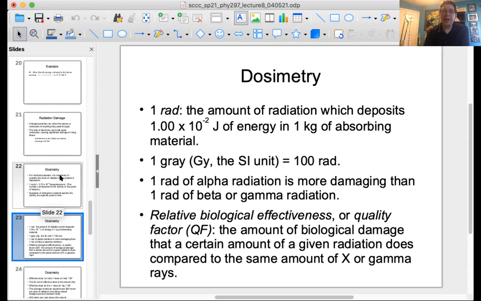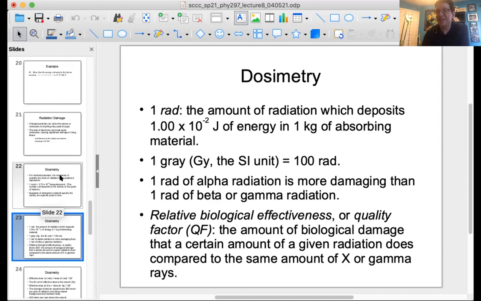1 rad of alpha radiation is more damaging than 1 rad of beta or gamma radiation. And the reason being is that for the same kinetic energy, the kinetic energy is equal to p squared over 2m. And so the momentum is equal to the square root of 2m times the energy.